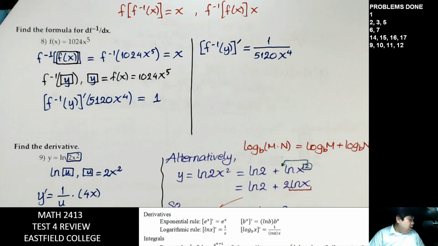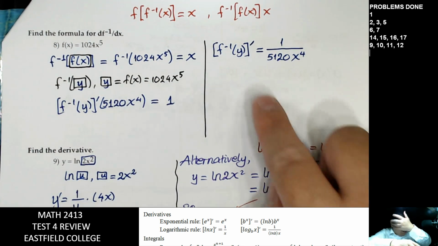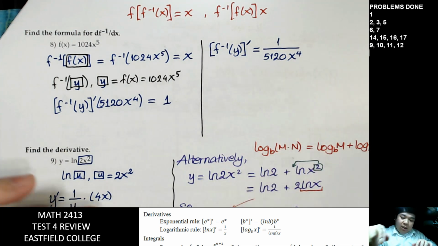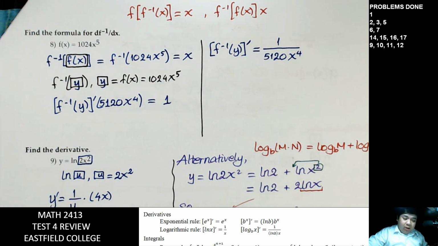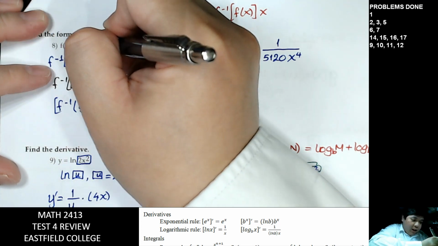So it's almost there, except we have x to the 4th. This is y and this is x. We're going to need to turn that x into a y. Originally f of x, let that be y.